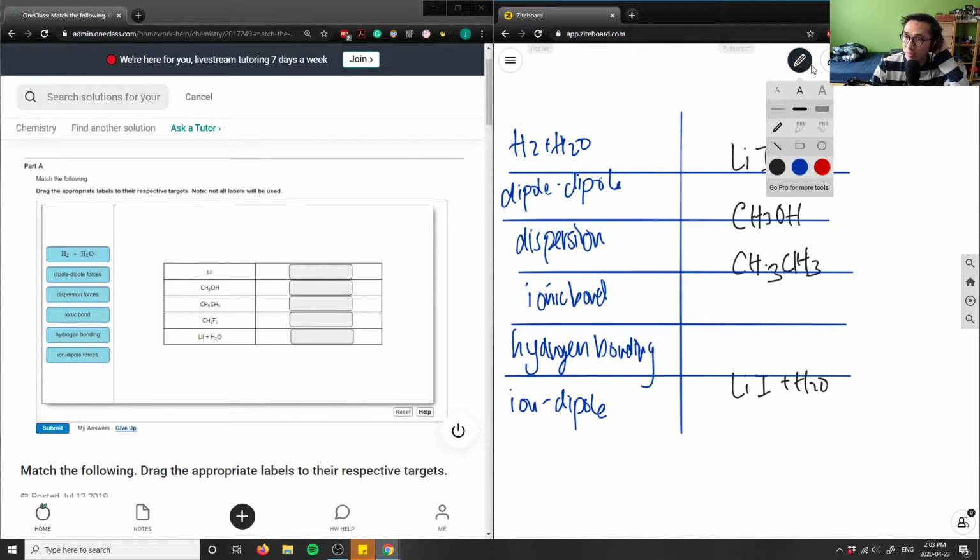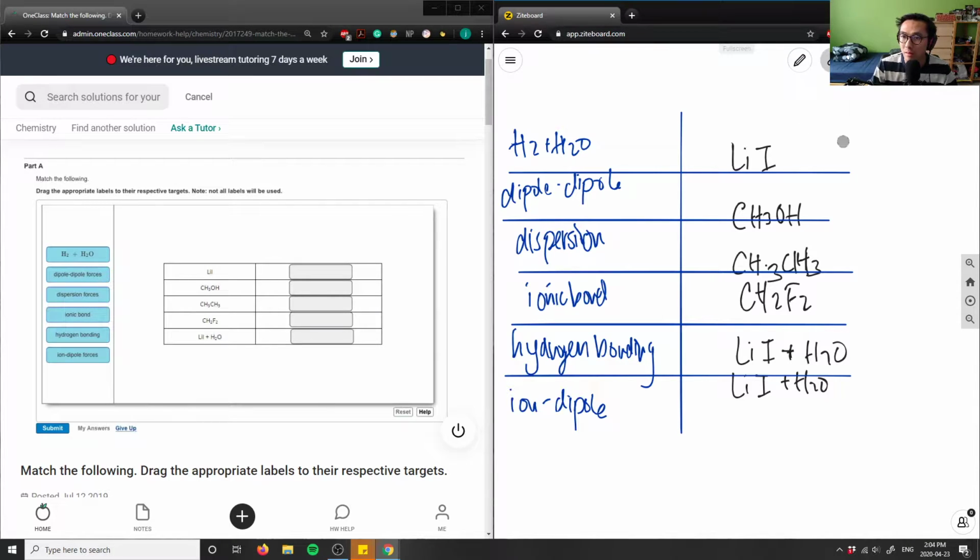This here was CH2F2, this would have been LiI plus H2O here, and then I can erase this guy over here. Let me rewrite this actually, it's kind of messy here. So CH3, and maybe rewrite this as CH3OH here, is methanol. Okay, so I have all these guys here.